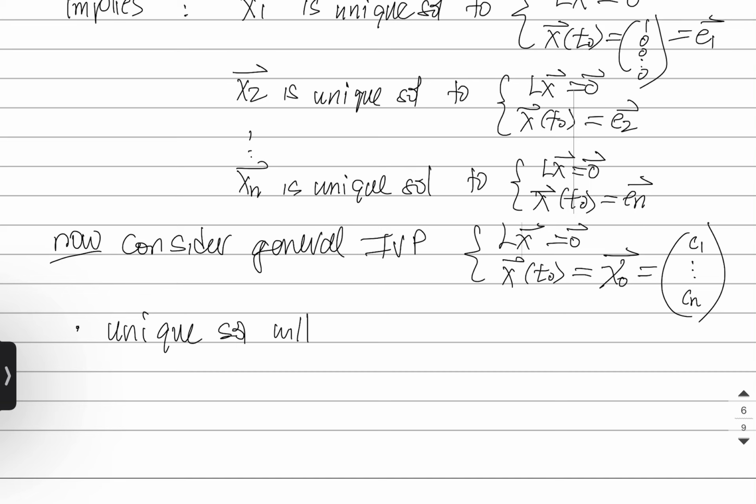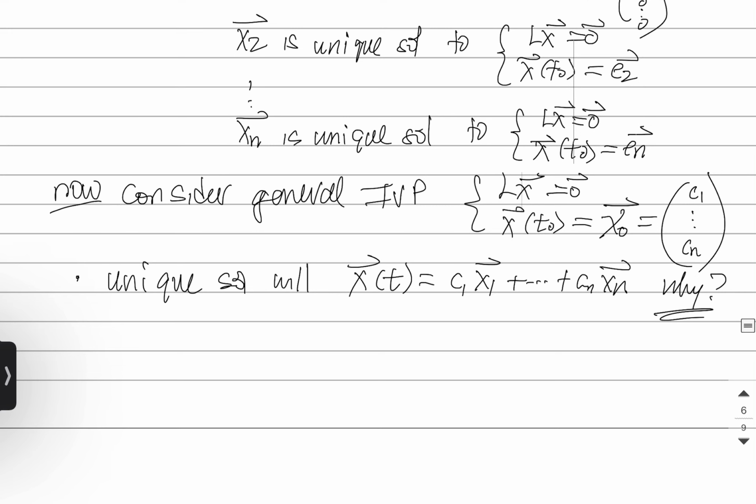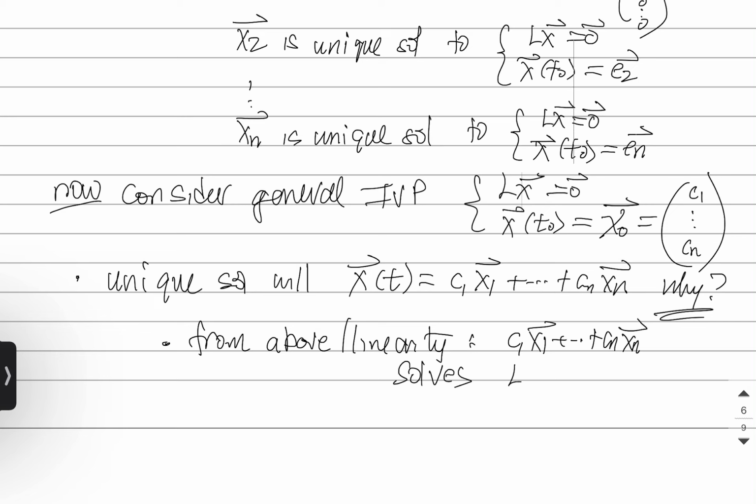The unique solution will be that linear combination we talked about before. And you say, well, why? How do you know that that's the unique solution? By the uniqueness theorem, or actually not even by uniqueness, from above, from the linearity, we know that this c1 x1 all the way down to cn xn solves Lx equals 0.